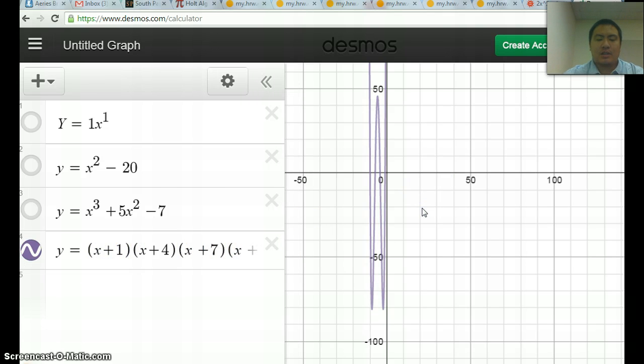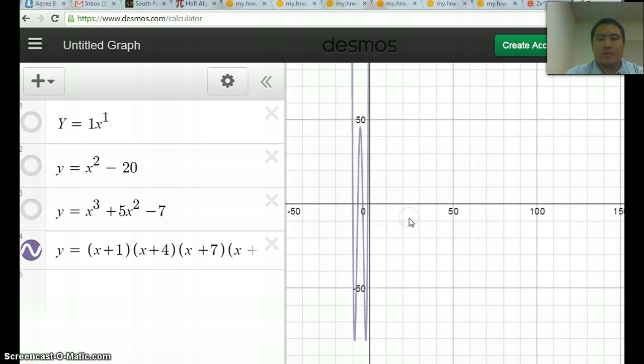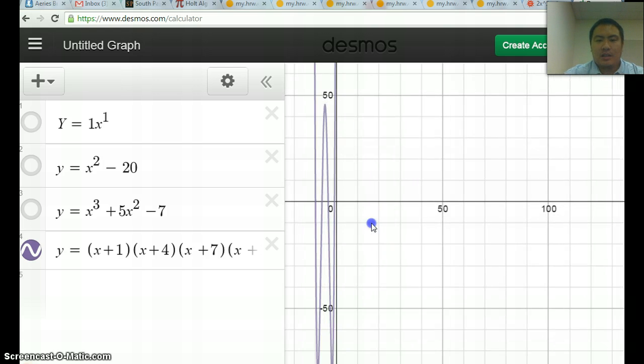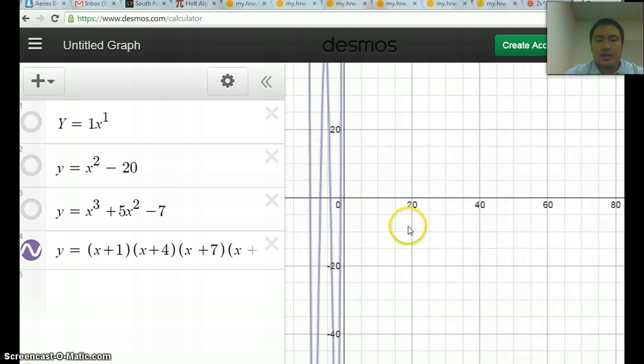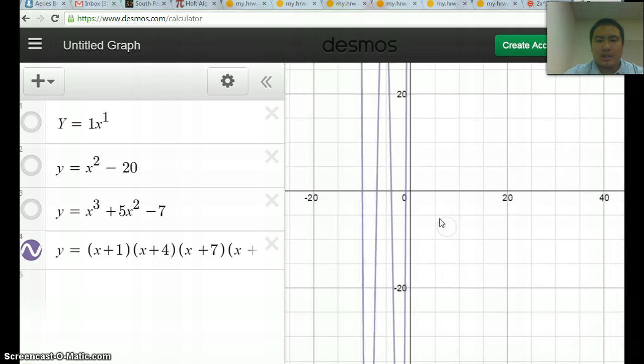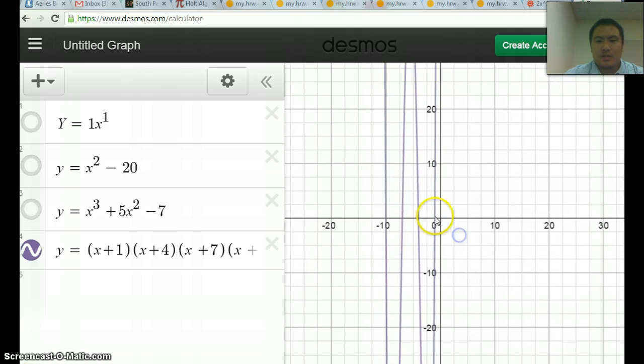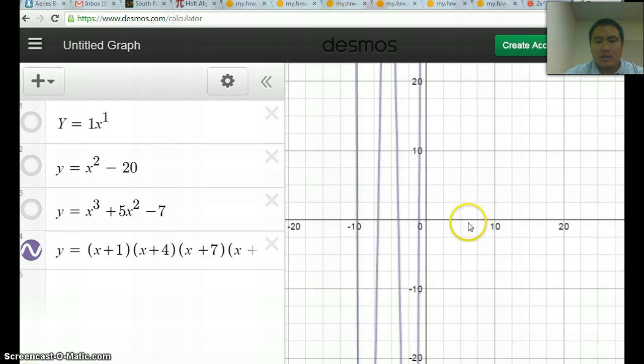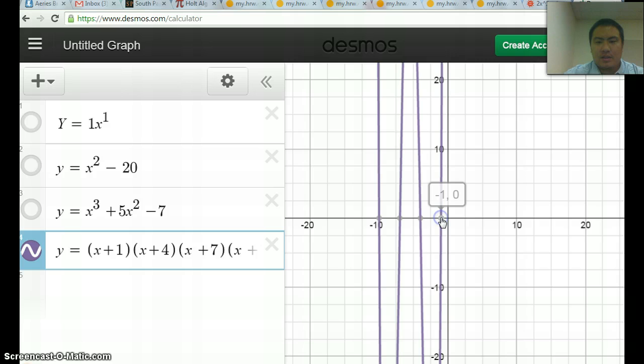If I actually took the time to multiply this out, I would get an x to the 4th plus something, on and on. Now you can see in this example, it shows me all my roots right here, and this is what we're going to talk about, these roots. You can see them right here at (-1, 0), (-4, 0), (-7, 0), and (-10, 0).